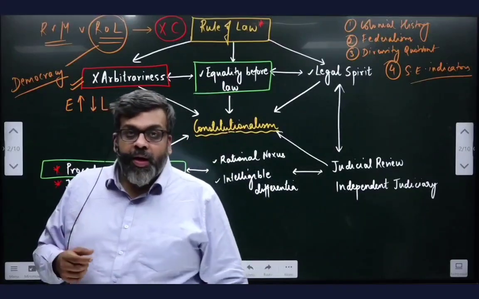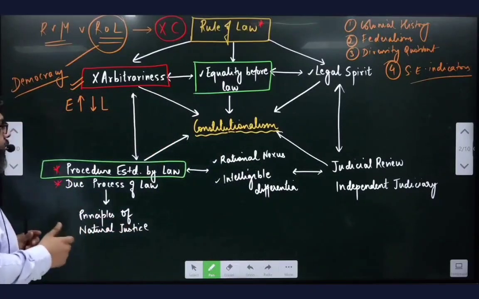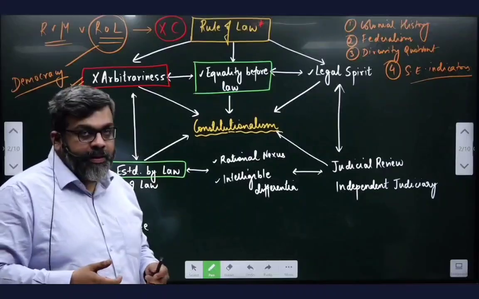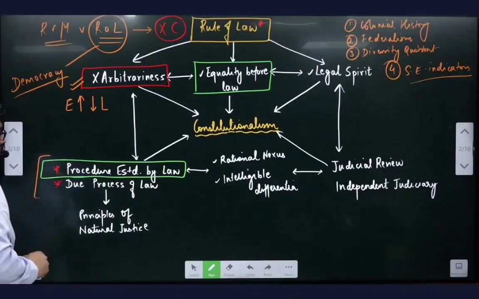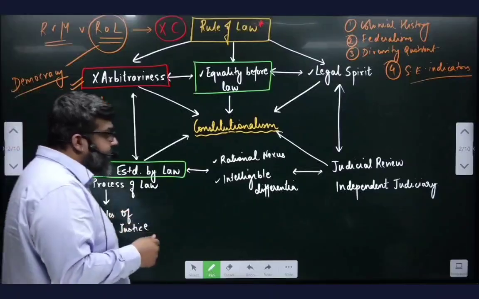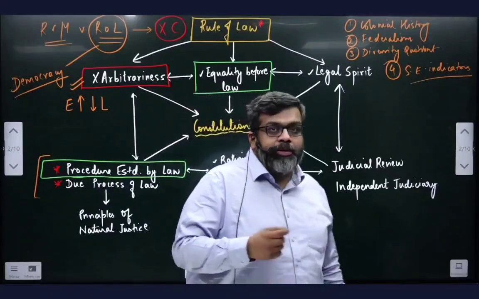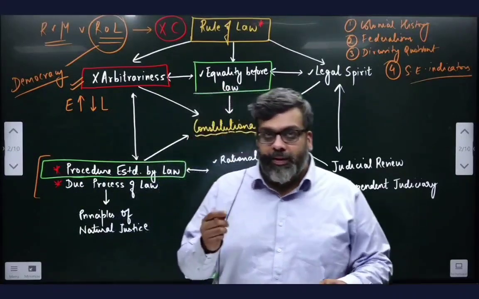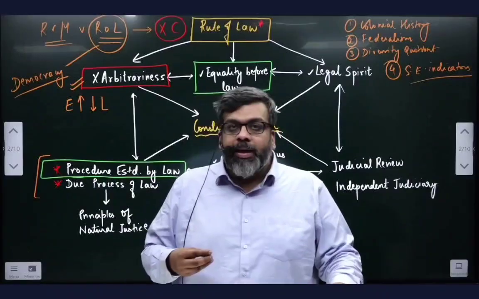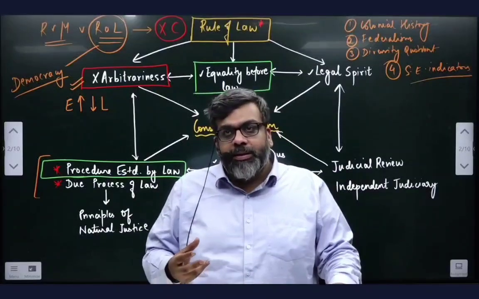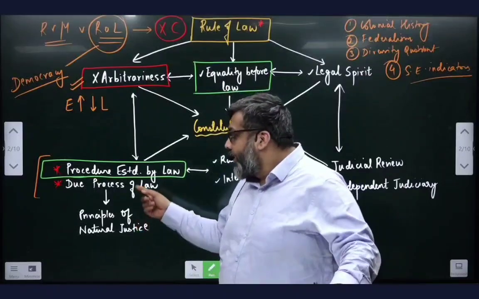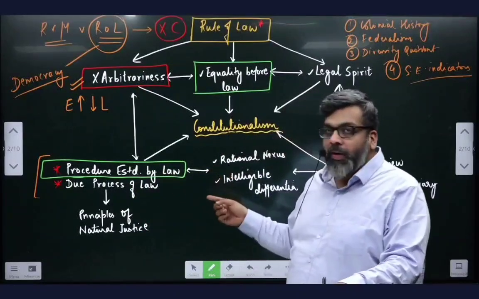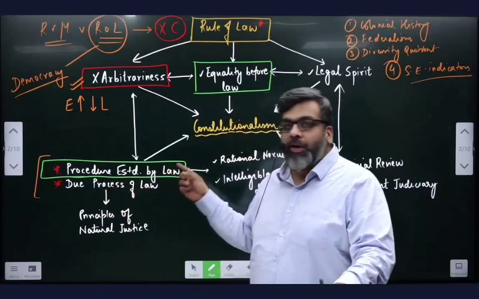And therefore, when you have to eventually prove arbitrariness, you would therefore be dealing with two very important legal concepts. First, are you following a procedure which has been properly passed by the law? And second, is the law and the procedure inherently fair or not? And that's why you have procedure established by law and due process of law.